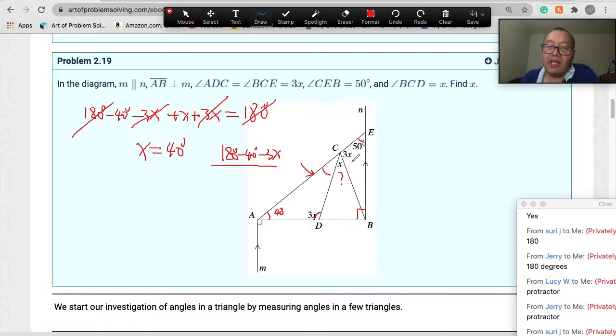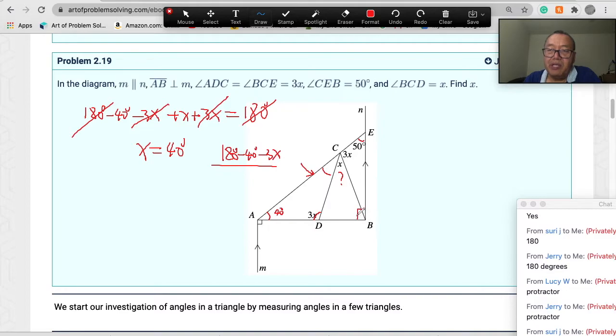To solve this kind of problem, always try to write down all the angles you can find in your diagram. When they tell us m is parallel with n, then this angle is 90 degrees.